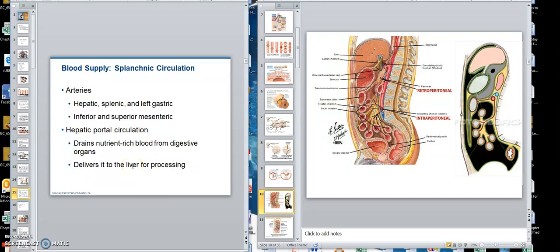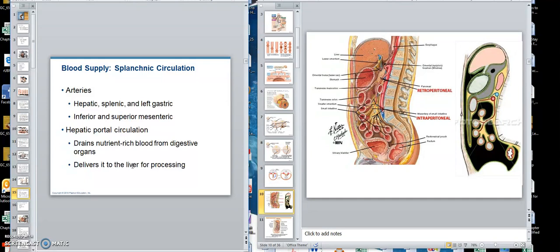Now, I want you to remember this. That is true for anything that's water soluble. But anything that's lipid soluble, if you recall, first goes into the lymphatics, and then from the lymphatics goes into the bloodstream at the thoracic duct.